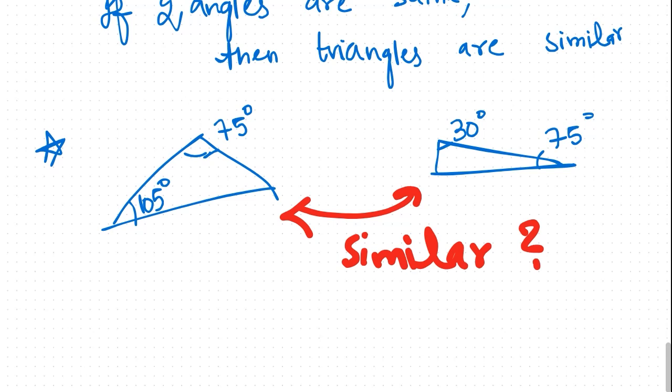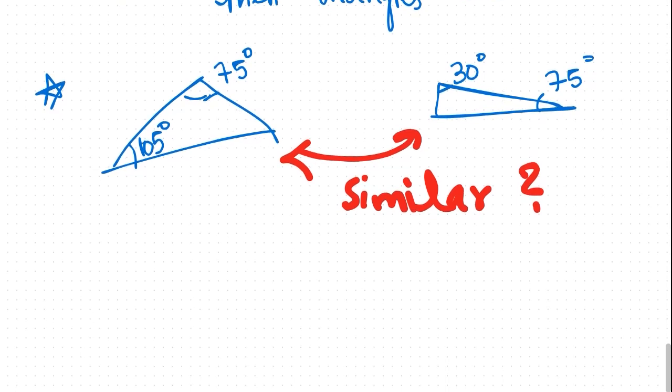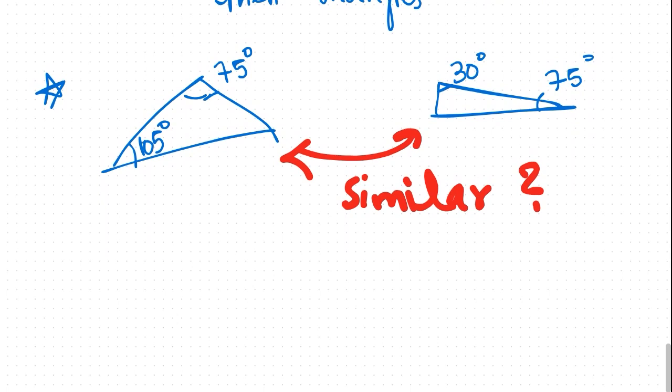No. Why not? Well, 105 plus 75 is 180, so you don't even have the other angle. Even if we move the triangles around, 30 and 75 don't really match up on each side.